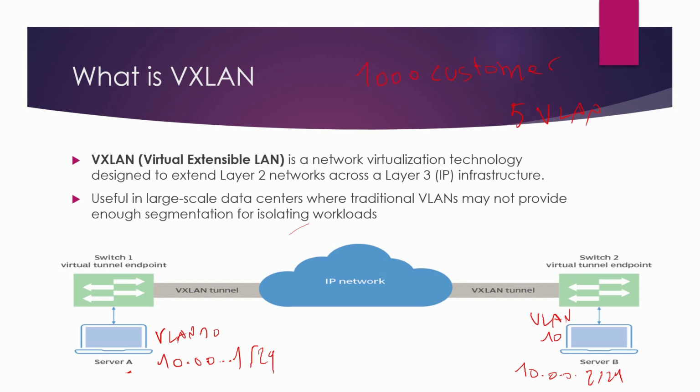So all the customers should have 5,000 VLANs. In this case we can't cover this, because in the traditional VLAN we have only 4,096 VLANs. In this case we need to go to VXLAN, okay?